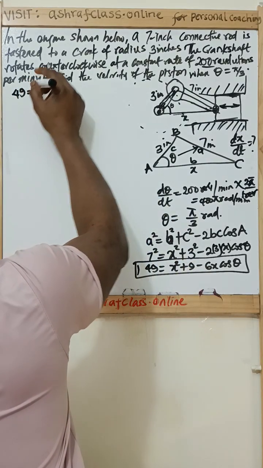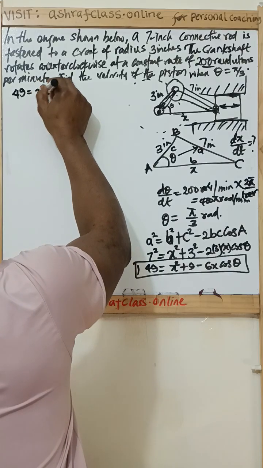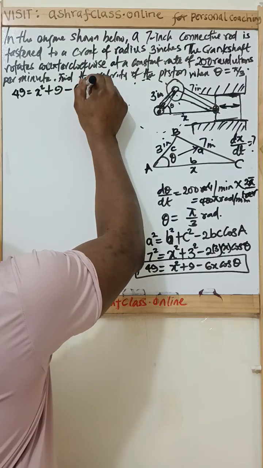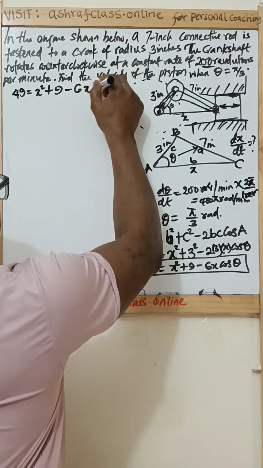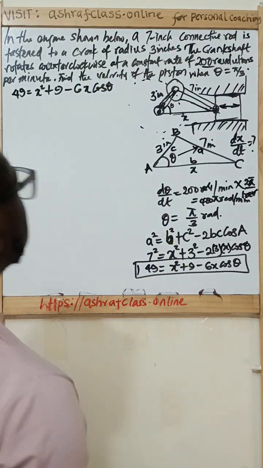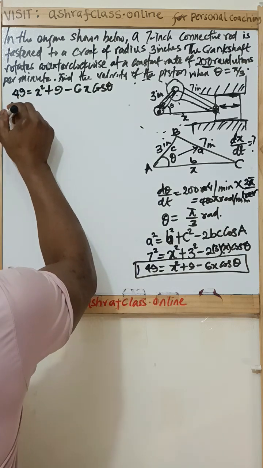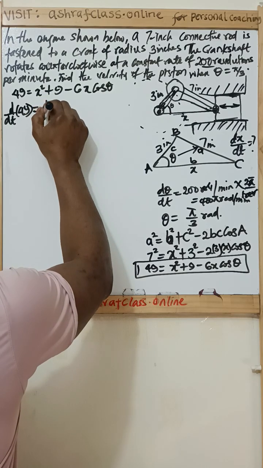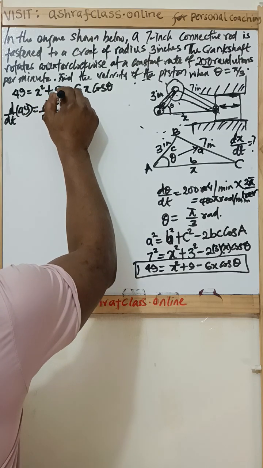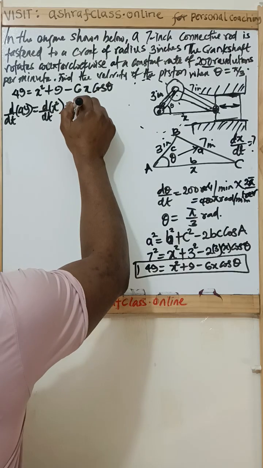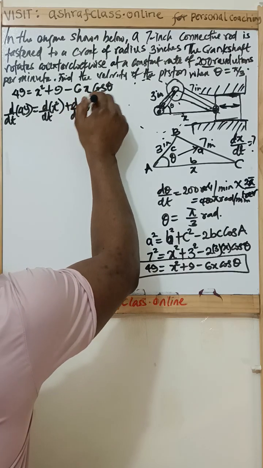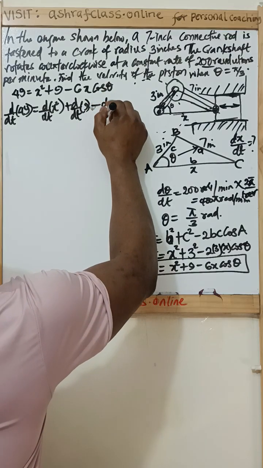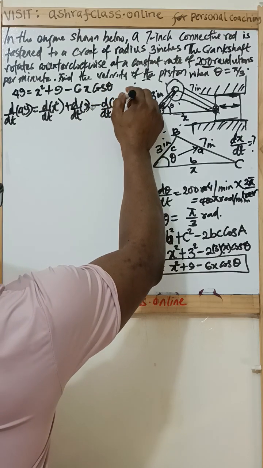49 equals x squared plus 9 minus 6x cos theta. Now differentiate with respect to t: d/dt of 49, d/dt of x squared, d/dt of 9, minus d/dt of 6x cos theta.